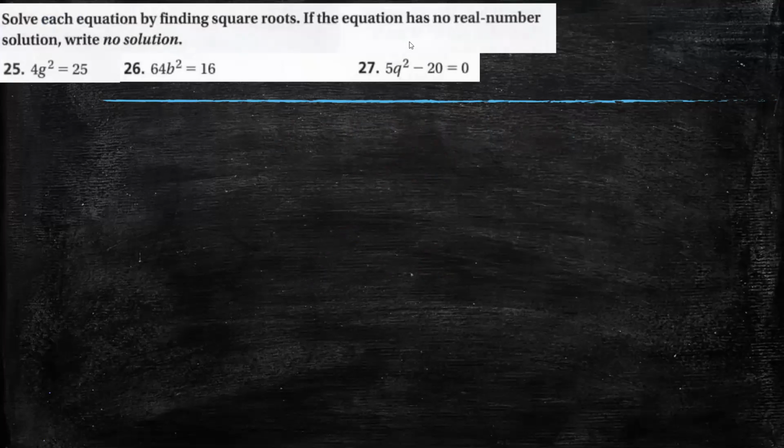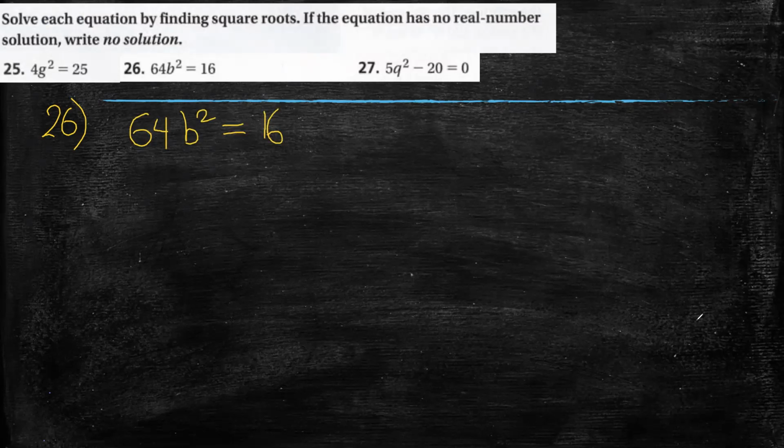Number 26, we have 64b squared equals 16. So I need b. b squared is multiplied by 64. So what do I have to do?